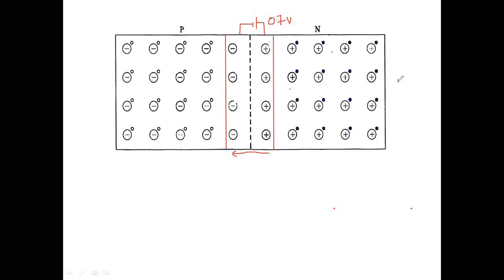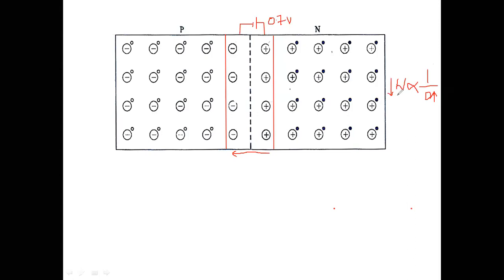So I can say the width is inversely proportional to the doping concentration, 1 by D. It means if doping is high, the width at the interface will be less.